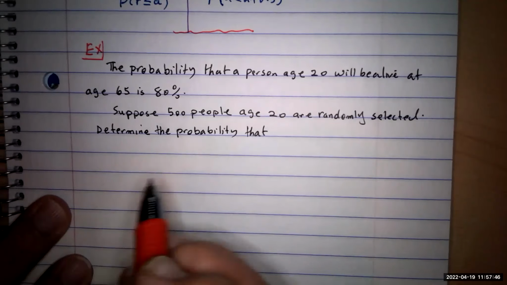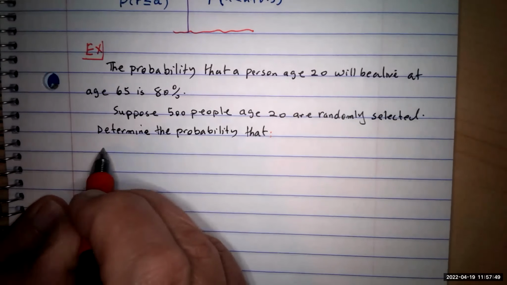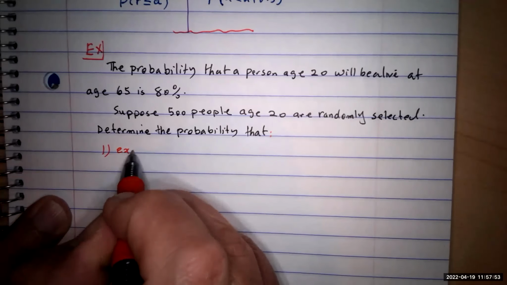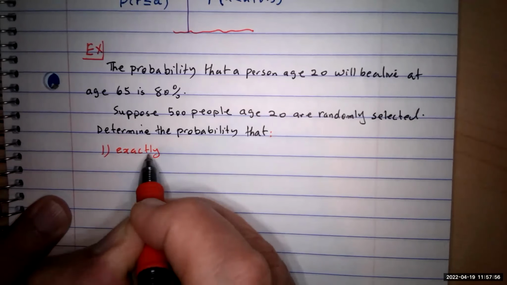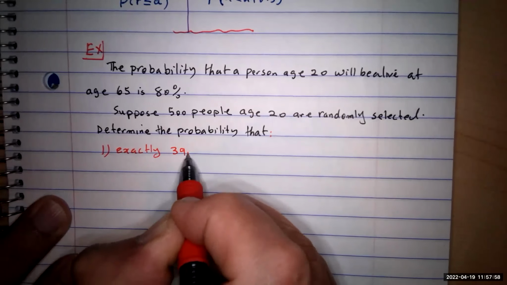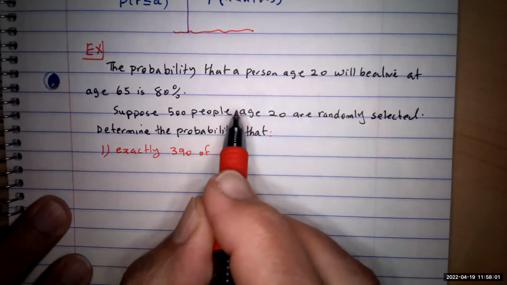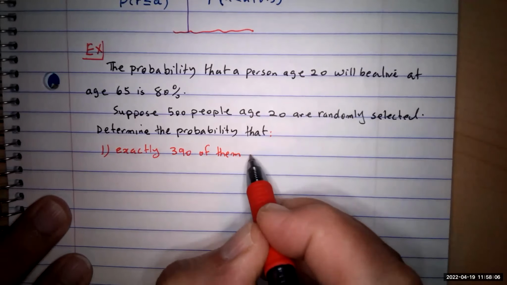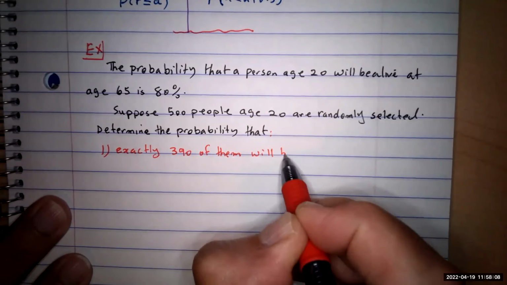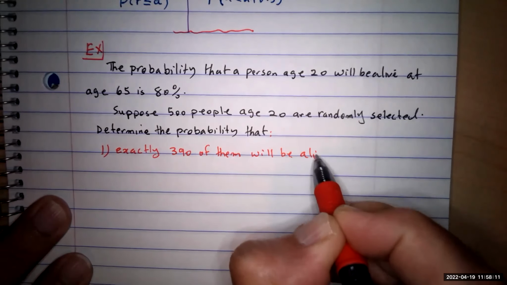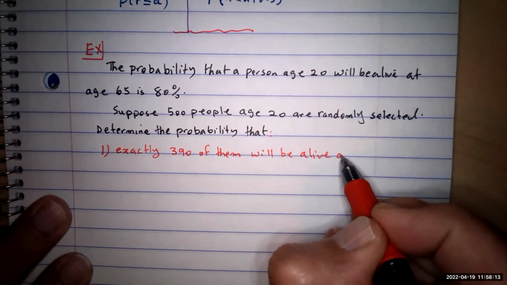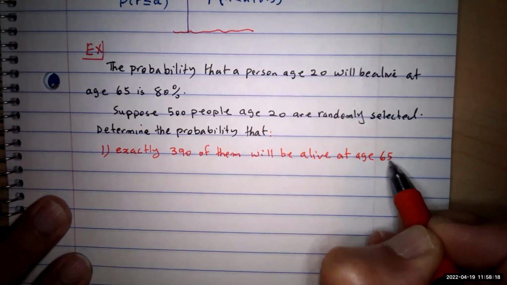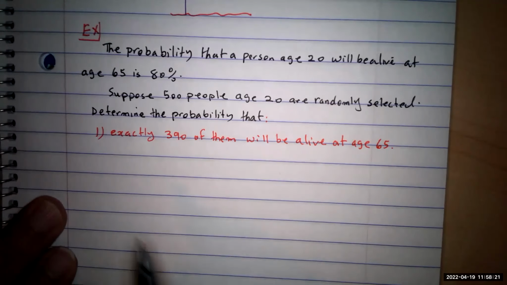The first one, case 1, finding the probability that exactly 390 of those 500 people will be alive at age 65. That's the first case, that's exact.